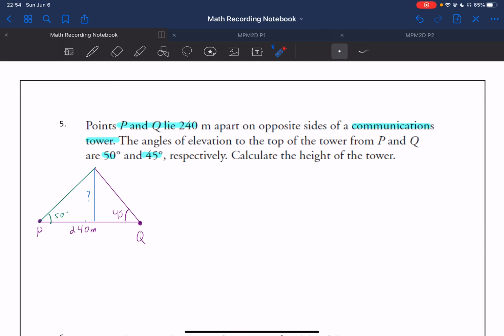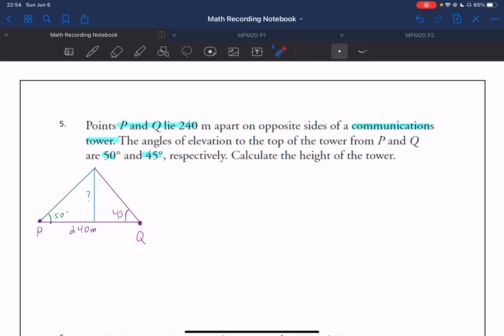We need to kind of look at this a little bit. So we don't know how to get this middle. This is something that's not necessarily known to us very well. We don't have a complete pair, so we can't use sine yet. We don't have a squished angle either.